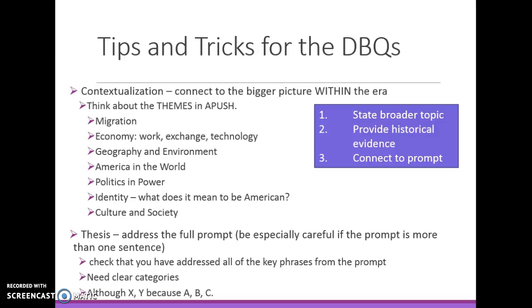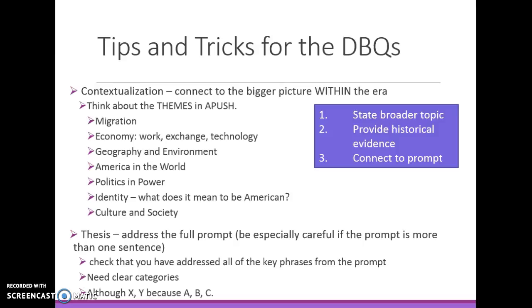Or what different ethnic groups within America are there, and how do they shape American culture during this time period? So I just use this as a way to help create more flexible thinking and point me in the direction towards contextualization.